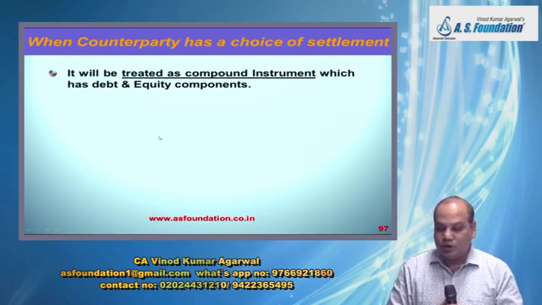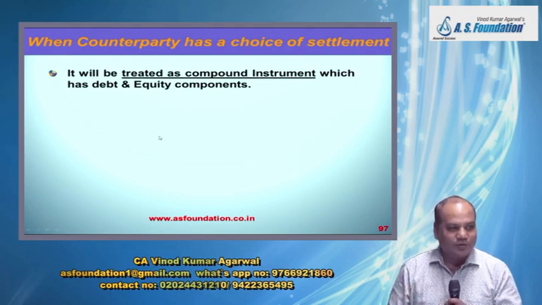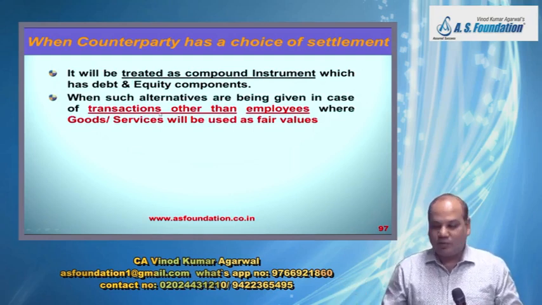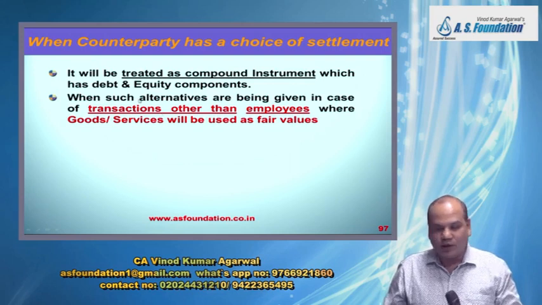No. So then it becomes a compound instrument, because he can ask for cash also, he can ask for equity also. So I will treat it as a compound instrument. From the total value of the instrument, we will first find out the value of the liability component, and equity will be the residual.